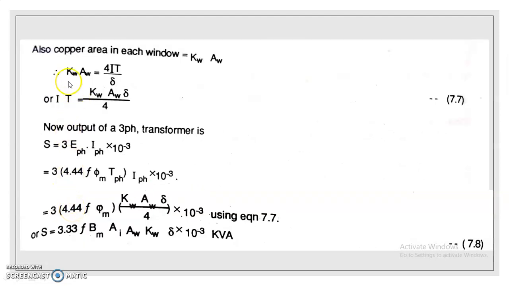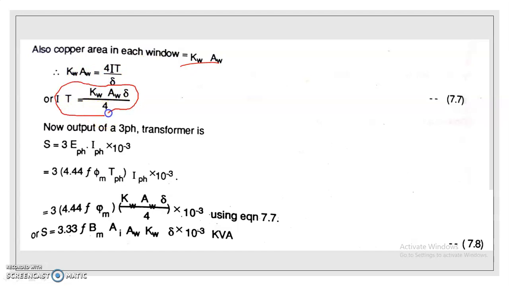By simplifying this, the copper area in the window is nothing but Kw Aw, and Kw into Aw we calculated as 4 into I into T upon del. We just adjust this for I into T.